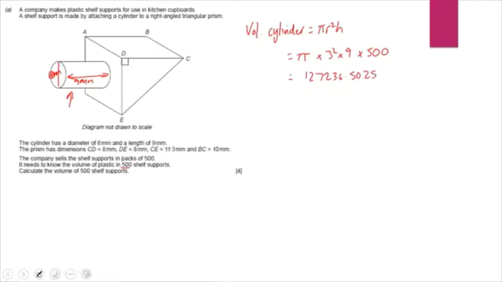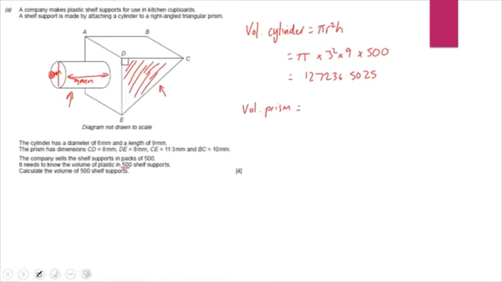You could times by 500 at the end once you've worked out the volume of the cylinder plus the triangular prism here. It's entirely up to you. So we've done the volume there of the cylinder times 500. So now I'm going to work out the volume of the triangular prism. In this case then, the cross section is this here, the area of the cross section here.